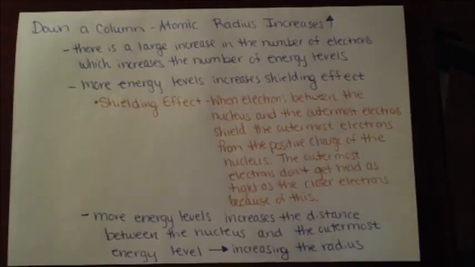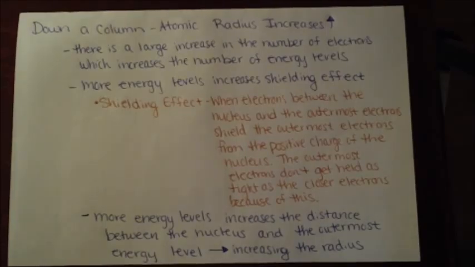Down a column, atomic radius increases. There is a large increase in the number of electrons, which increases the number of energy levels. More energy levels increases the shielding effect. The shielding effect is when electrons between the nucleus and the outermost electrons shield the outermost electrons from the positive charge of the nucleus.